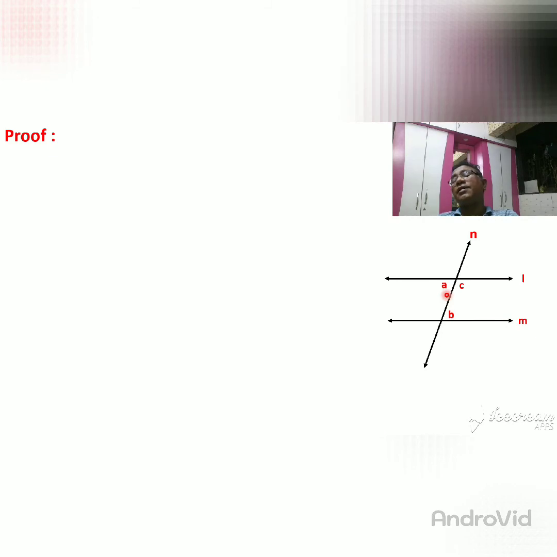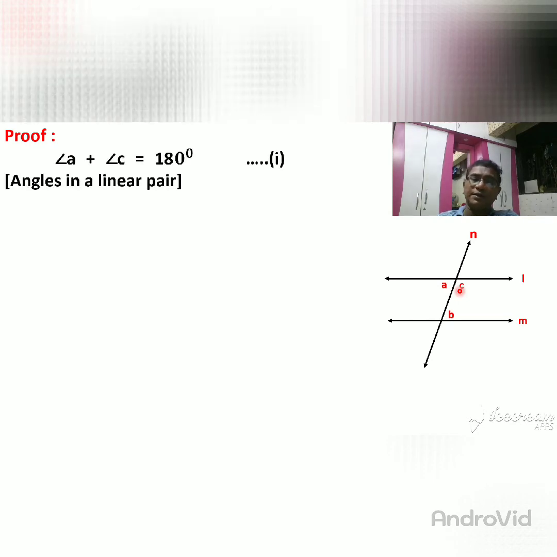Here is angle A and this is angle C. Angle A and angle C are linear pairs of each other, and the sum of a linear pair is 180 degrees. So first we write that here: measure of angle A plus angle C is equal to 180 degrees, angles in a linear pair.